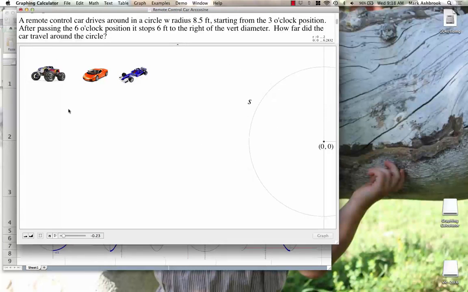What about the monster truck? Which one do we want? I don't have a smart car, sorry. I'd have to get a picture of a smart car. That'd be awesome. All right. How many people want the Formula One? How many people want the Lamborghini? How many people want the monster truck?